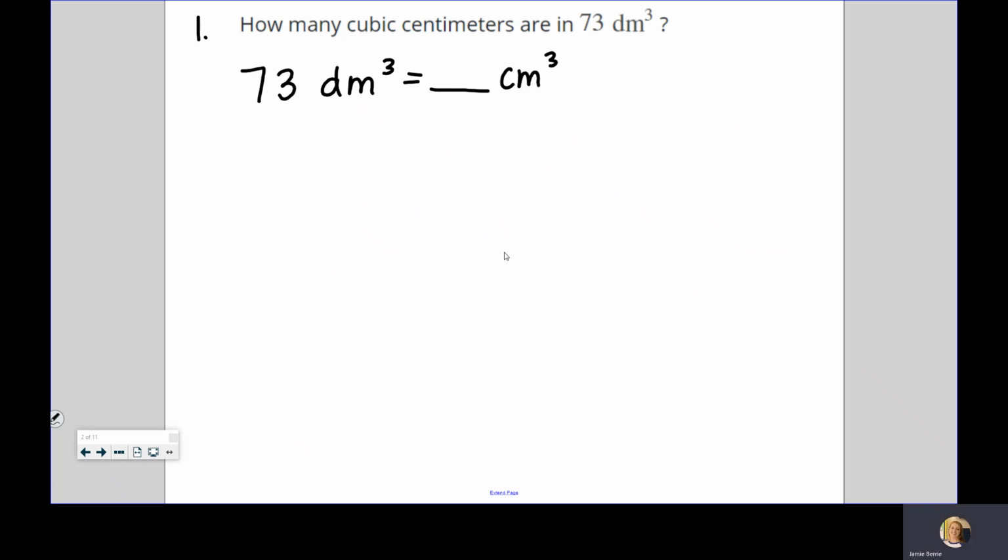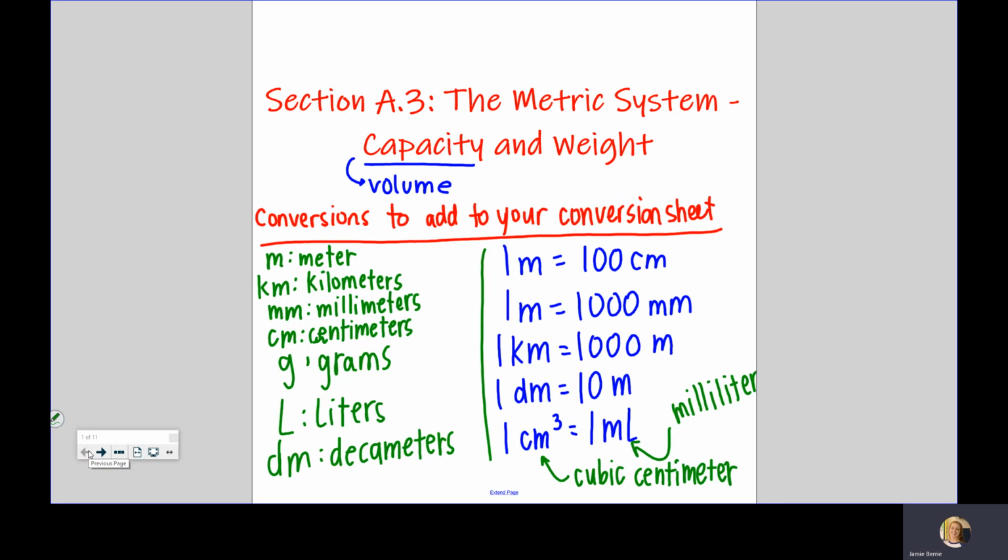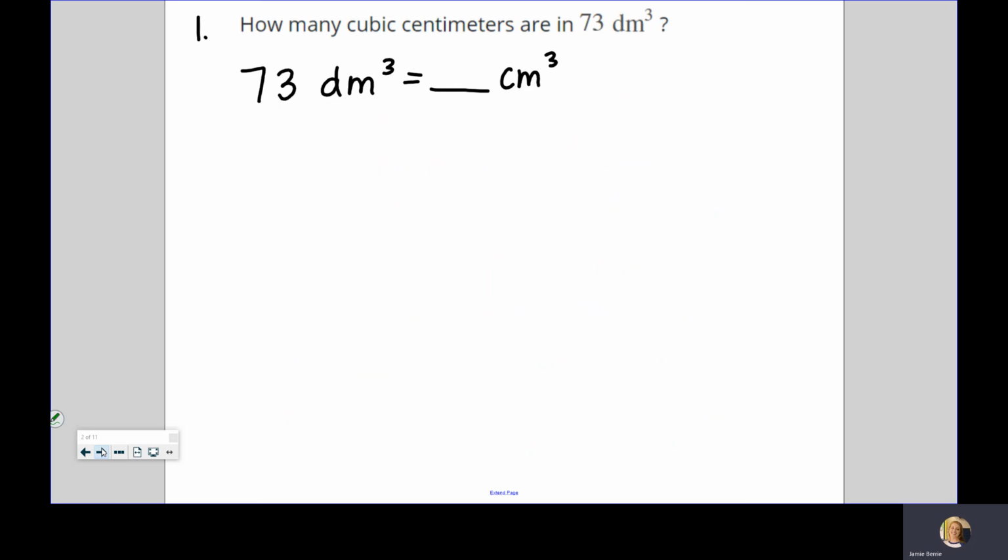So this one is particularly hard, in my opinion. First of all, it's made more complicated because of these cubes. But the second reason is because there's no conversion that goes from cubic centimeters to cubic decameters, or from centimeters to decameters. So we'll have to go from cubic decameters to meters, and then to cubic centimeters.